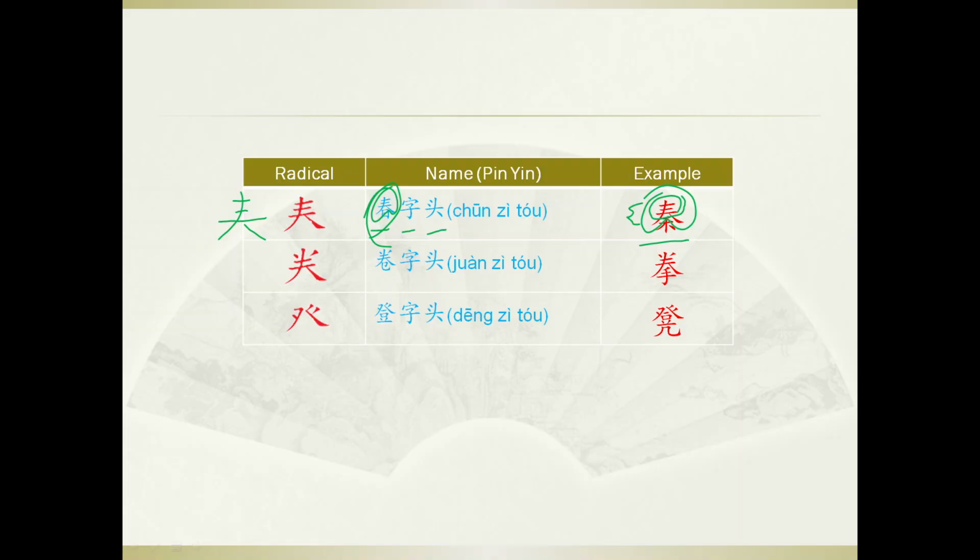Next radical, 卷字头, roll, wrap. Let's write it. Right dot, left dot. Short horizontal hold both dots. Longer horizontal. Through the middle of the dots, left diagonal.